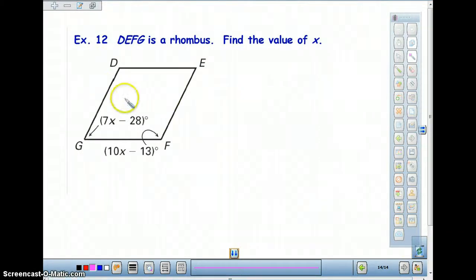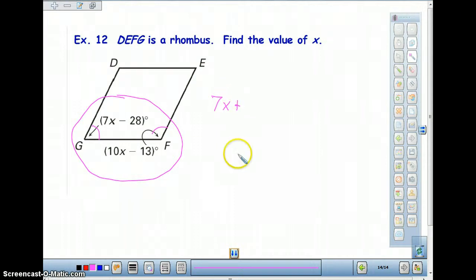Okay, same thing here. We have angles that are next to each other, so consecutive angles add up to 180. So our 7x, oops, this should be a minus 28 plus 10x minus 13 is going to give us our 180.